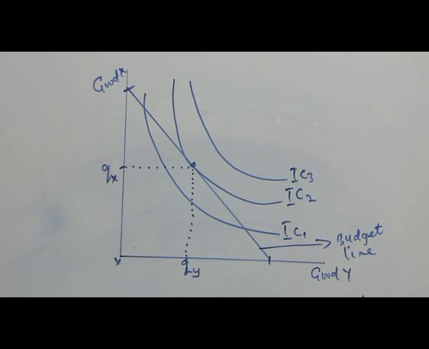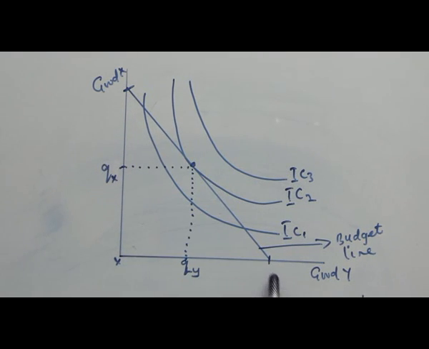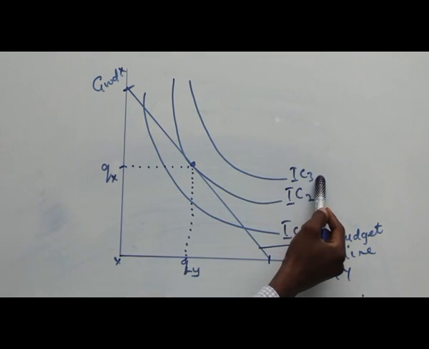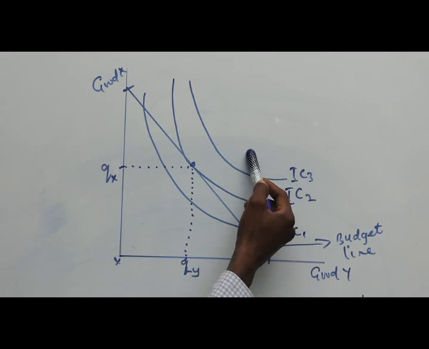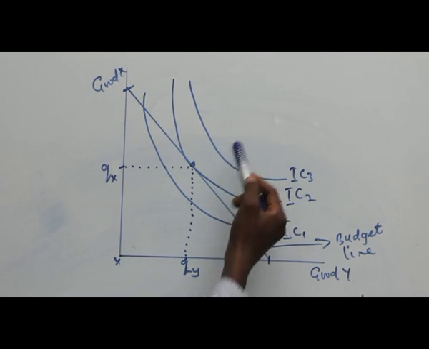But when we look at the budget line, it touches indifference curve 2. Why? Because of the income of the consumer as well as the fixed prices of the two commodities. So the consumer cannot attain this because the income, or the prices, cannot allow the consumer to attain it.